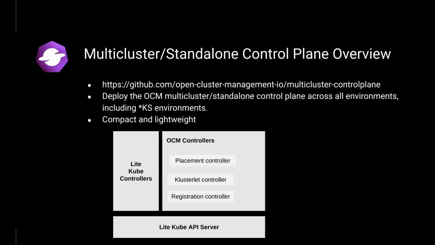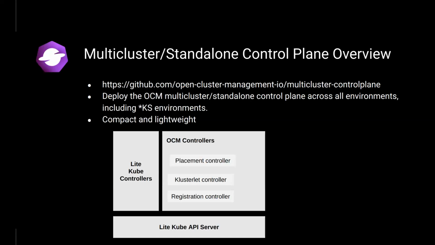For the multi-cluster standalone control plane, from the name we can see that our goal is to bring OCM to be running everywhere, and also to have our control plane running in multiple instances in a single cluster. From the diagram, we can see that for this control plane, we have built in some customized Kube API server and Kube controller, and also embedded our controllers in a single binary.